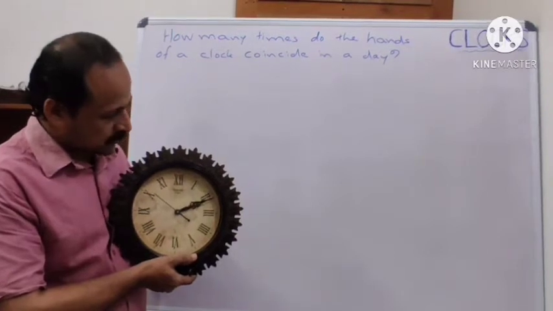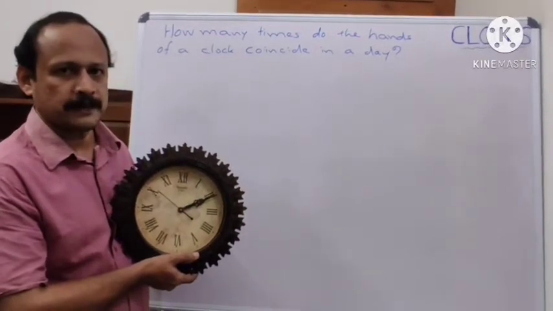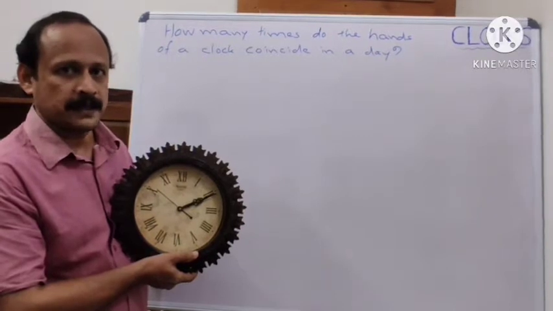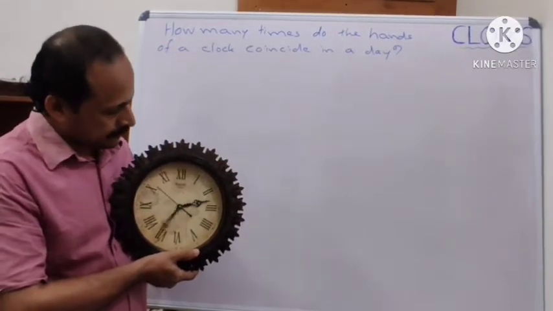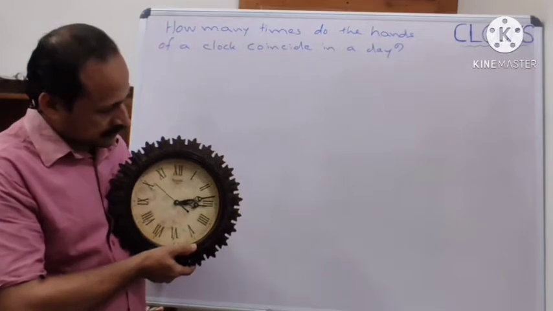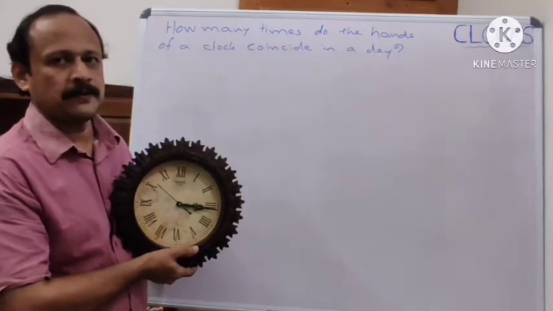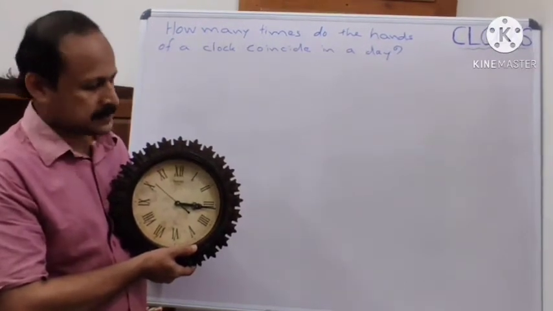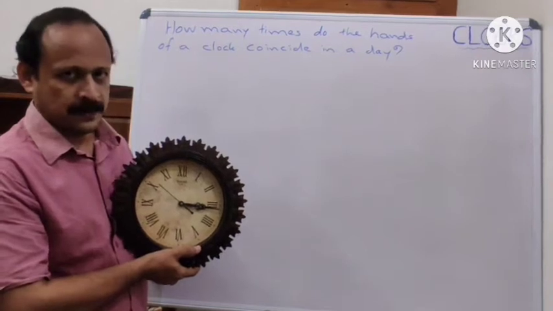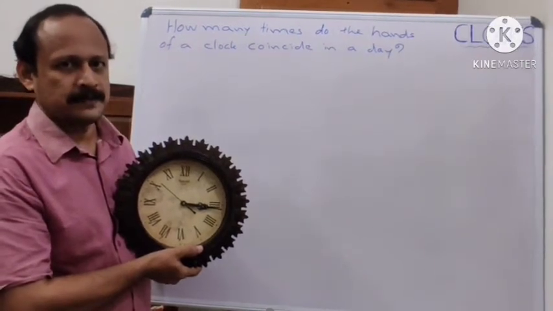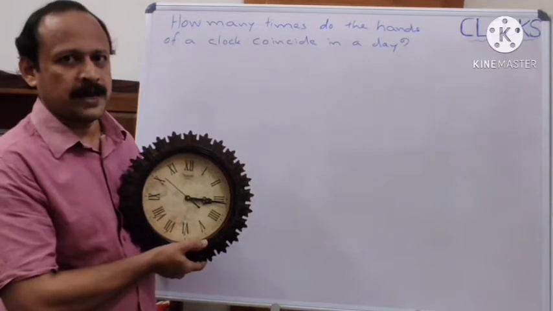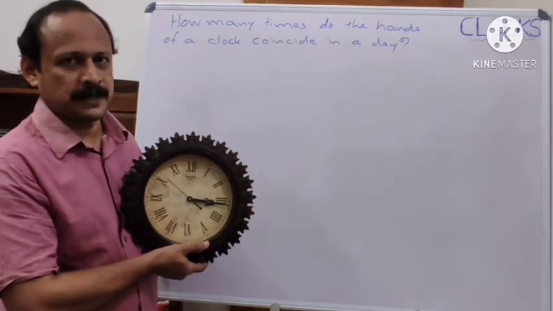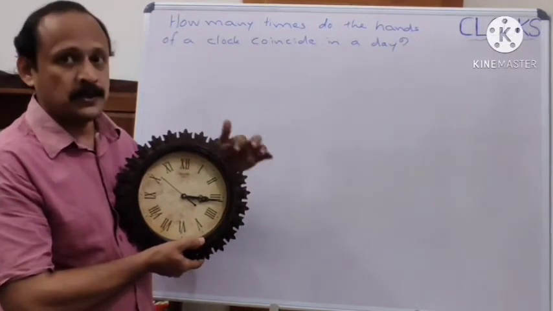Yes, between 2 o'clock and 3 o'clock they coincide, and that is the third case. Next case is between 3 o'clock and 4 o'clock. That is the fourth case. If we go like this, how many times do they coincide in 12 hours?